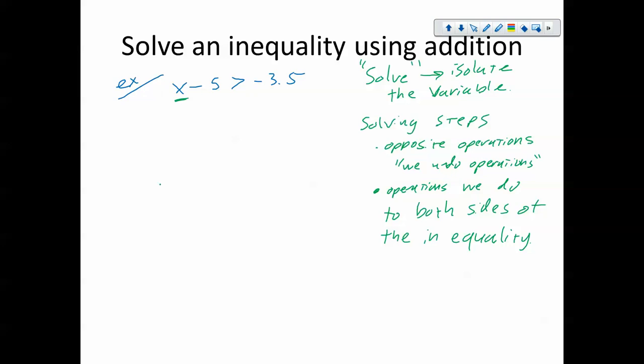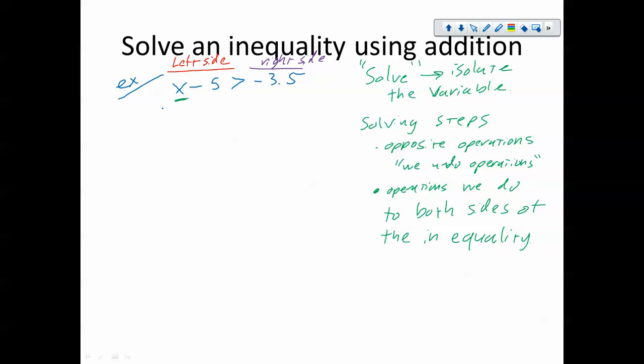We have the left side of the inequality, and we have the right side of the inequality. And whatever we do to the left-hand side, we need to also do to the right-hand side. Whatever we do to the right-hand side, we also have to do to the left-hand side.